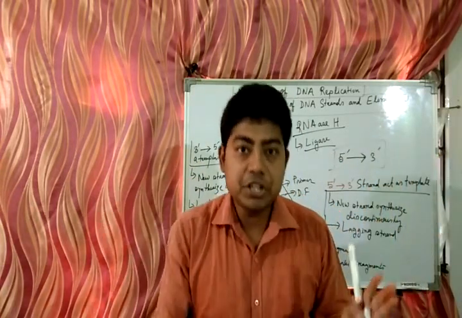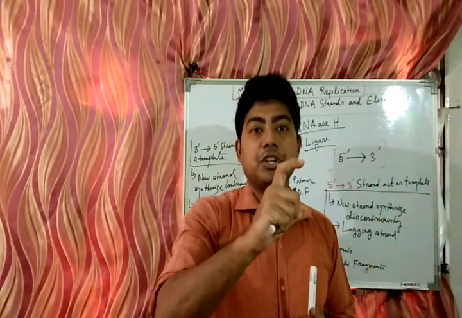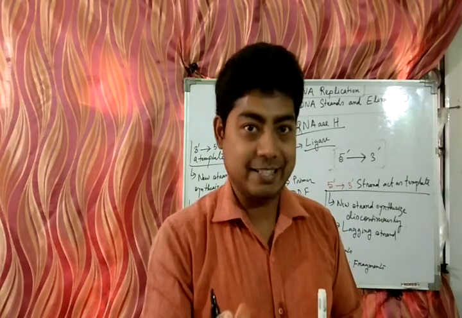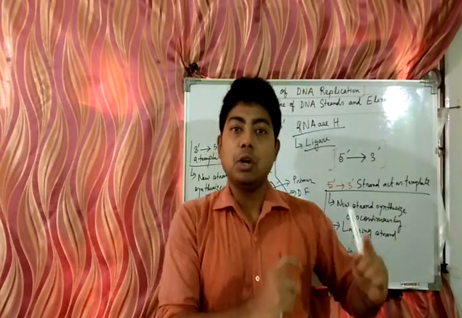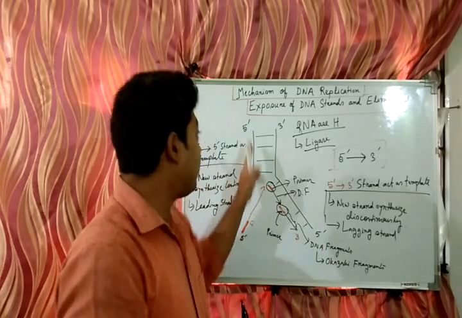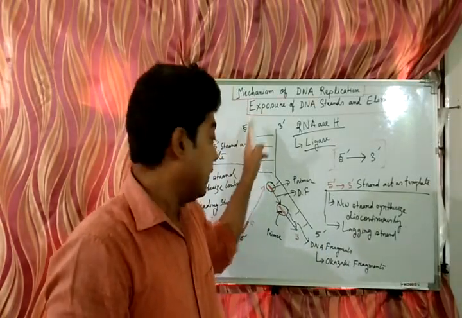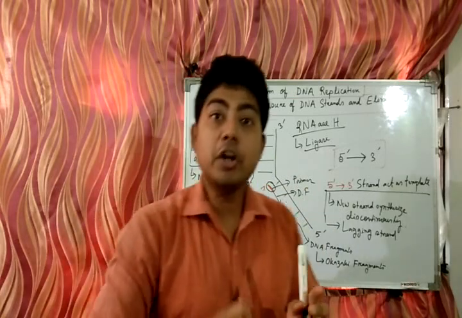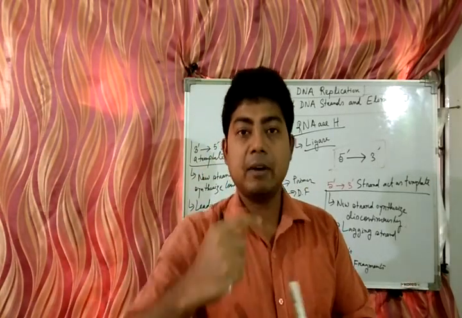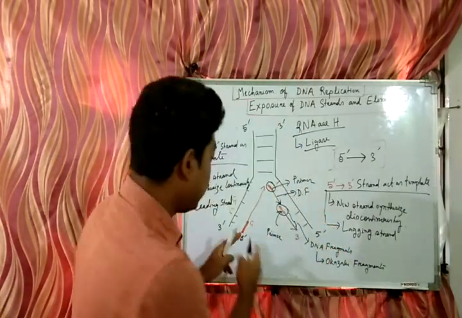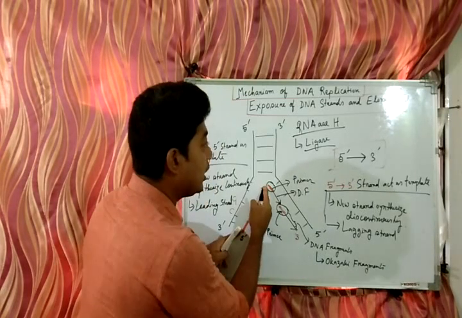During the elongation process, primers bind and primers are synthesized by the primase enzyme. When the 3 to 5 strand is the template, the new strand is synthesized continuously from one single primer, because it is synthesized in the 5 to 3 direction.